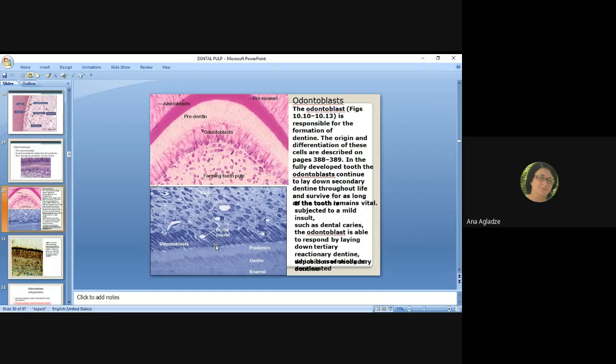And here you can see the pulp odontoblast layer. And also you can notice that there are blood vessels and a plexus of blood vessels beneath the odontoblasts, and also inside this layer.